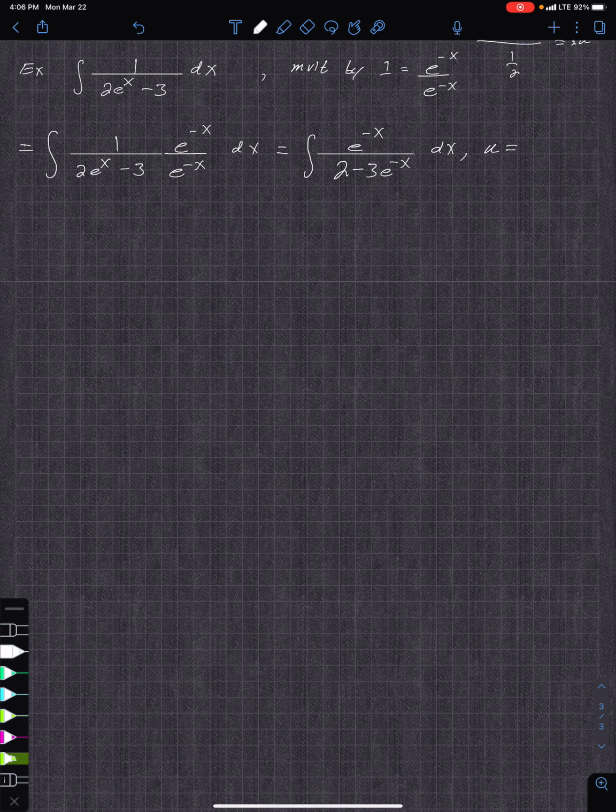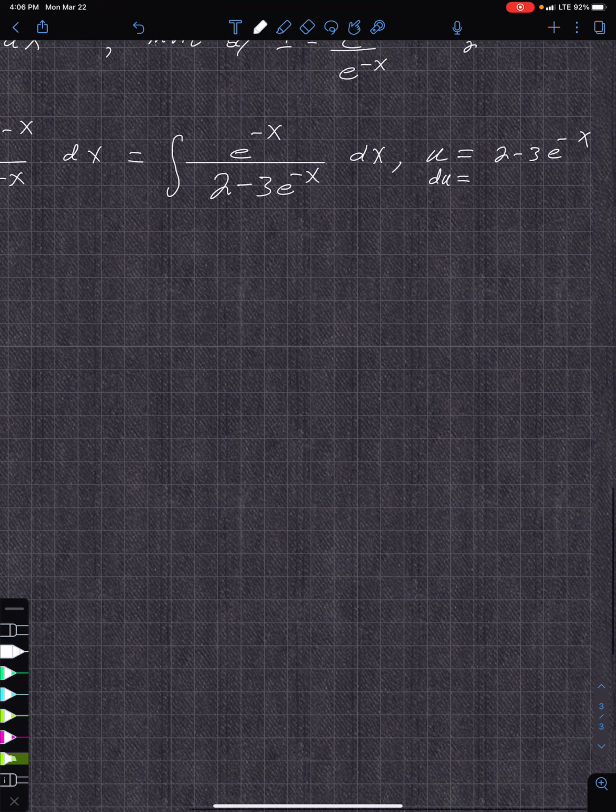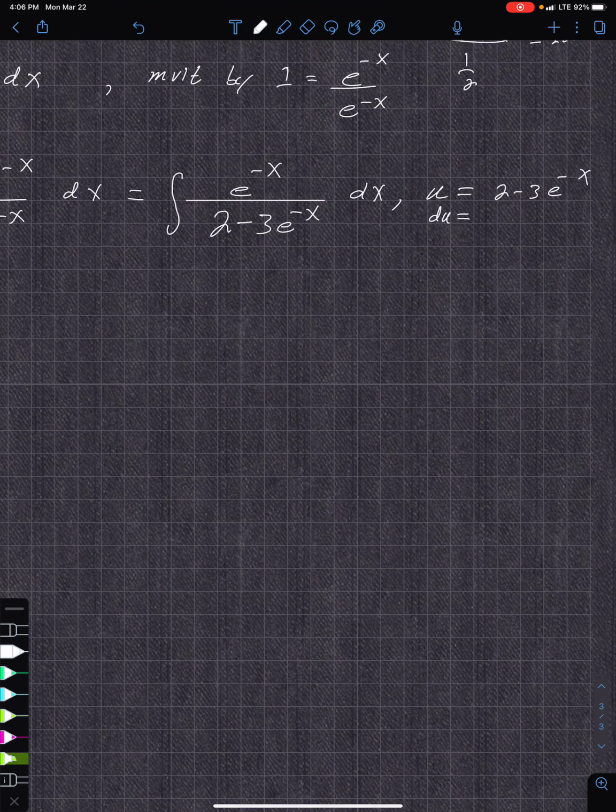Let u equal 2 minus 3e to the negative x. Then du is equal to, that's 0, and that becomes positive because you do your chain rule, 3e to the negative x dx. Well, looky there. Here's your e to the negative x dx, e to the negative x dx. You will be able to substitute that directly. And so you have du over 3 equal to e to the negative x dx.